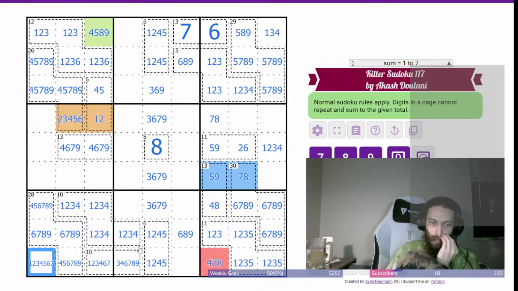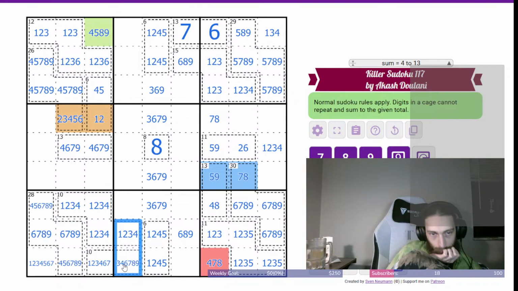But if this is 3 less, then the maximum that these two can be is 10.